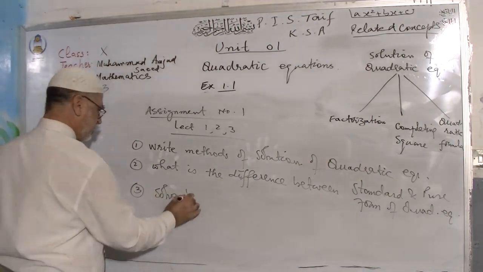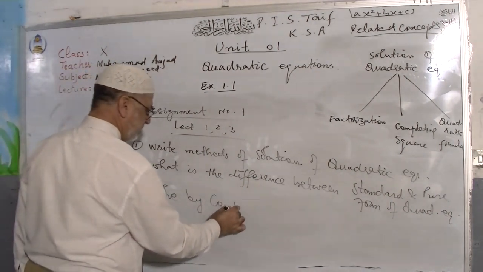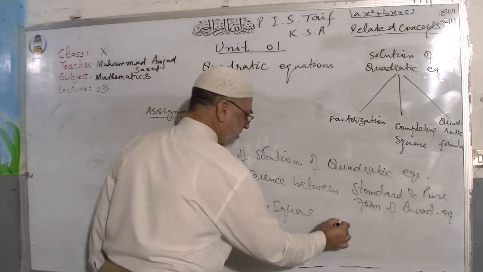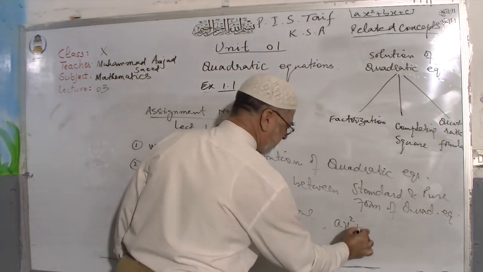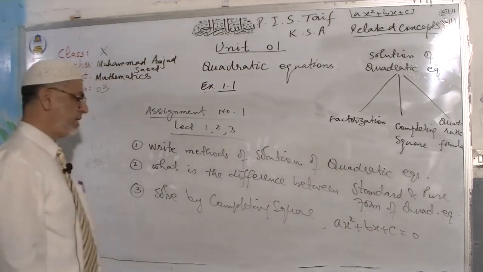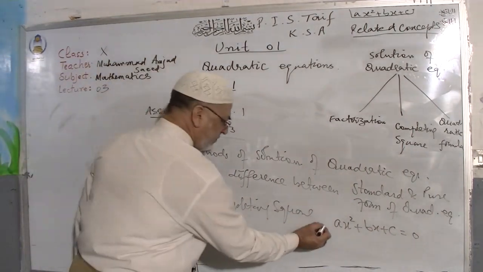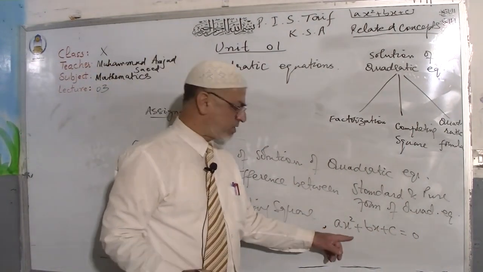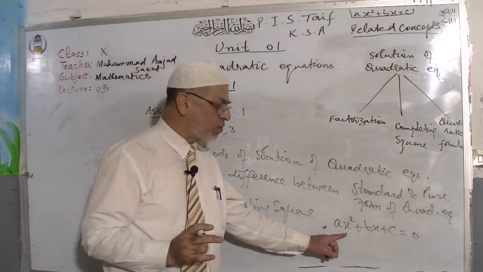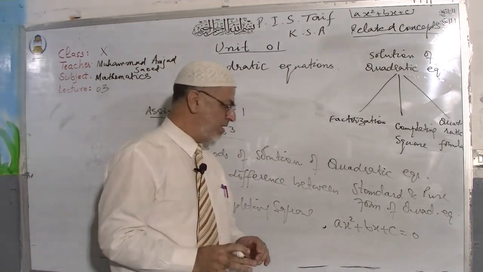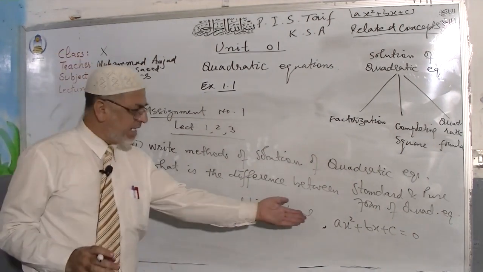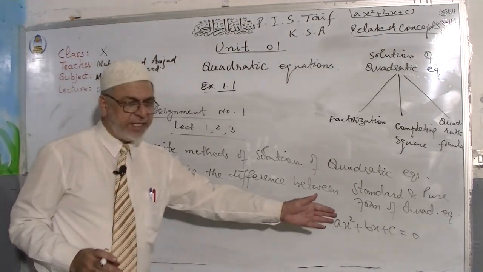Solve by completing square ax square plus bx plus c is equal to 0. And remember that when you will finish the solution of this standard quadratic equation, that is known as quadratic formula.